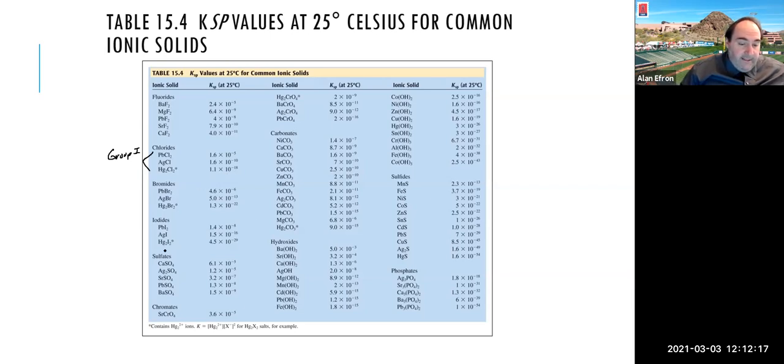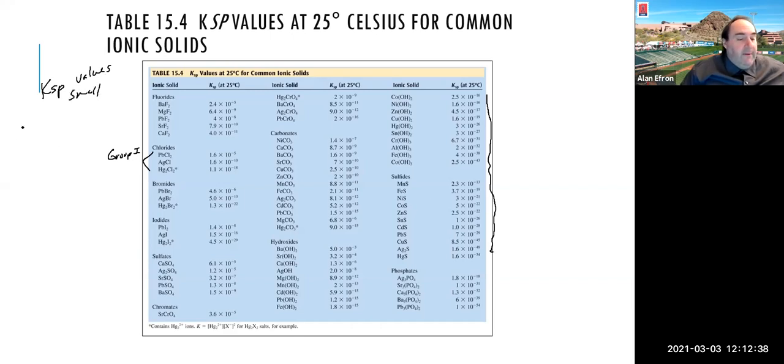Here are our carbonates and our iodides, our bromides and our fluorides. One thing that you will notice if you peruse this table, which I don't think you could see too much of the actual numbers here, is that when you look at a Ksp table, Ksp values are relatively small values.